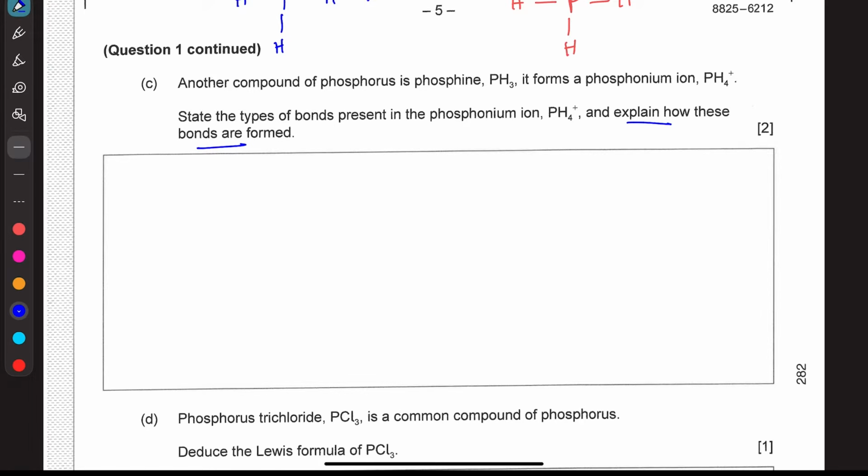So you can write the answer in this way: the phosphonium ion PH4+ contains four polar covalent P-H bonds.